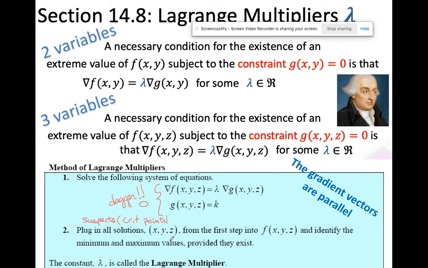And you plug them into the original surface and identify maxes and mins, provided they exist. And in this situation, lambda is called the Lagrange multiplier.